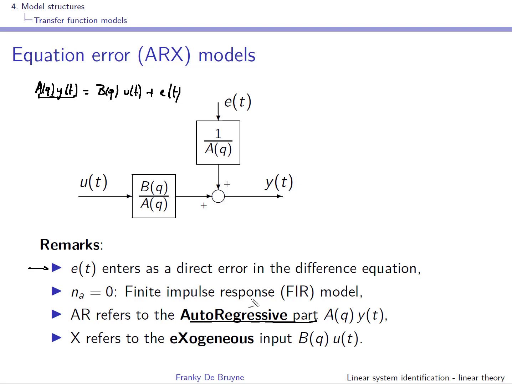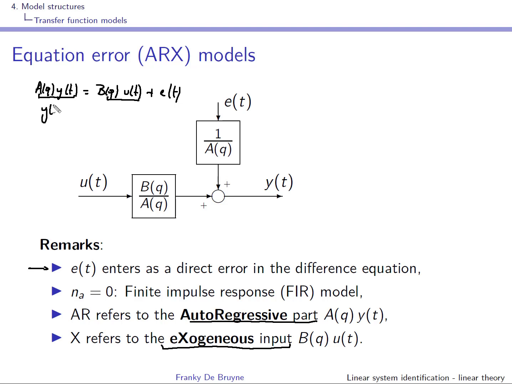So autoregressive means that y is constructed from previous versions of y, past versions of y, and so e(t) is the difference between the autoregressive part and the exogenous input. So that's the part that comes from the input signal. So hence the name ARX. The A comes from auto, the R from regressive, and the X from exogenous. And so we take the X over here.